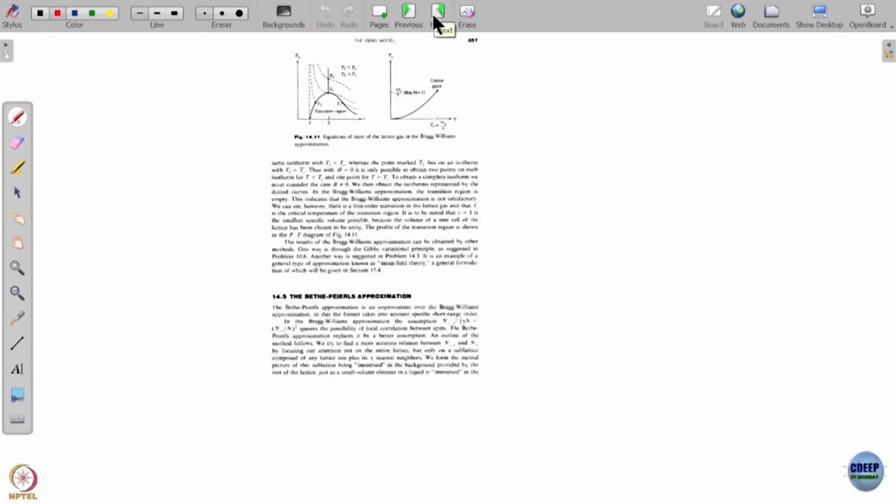Same will be binary alloy. So, now this is this beautiful thing given here that I have been referring to all this time.